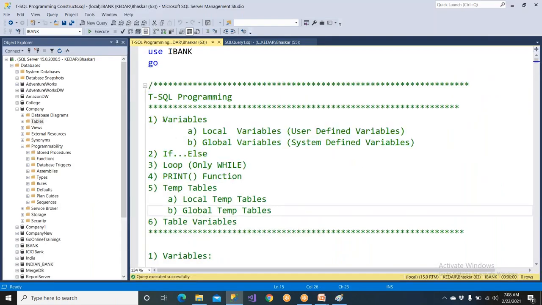These are the things we're going to learn as part of T-SQL programming. The first concept is variables. As soon as you start C programming, the faculty will teach you what a variable is. That is the first concept anywhere. If you learn Java, the first topic is variables, and the next topic is data types. We already saw data types in SQL, right?